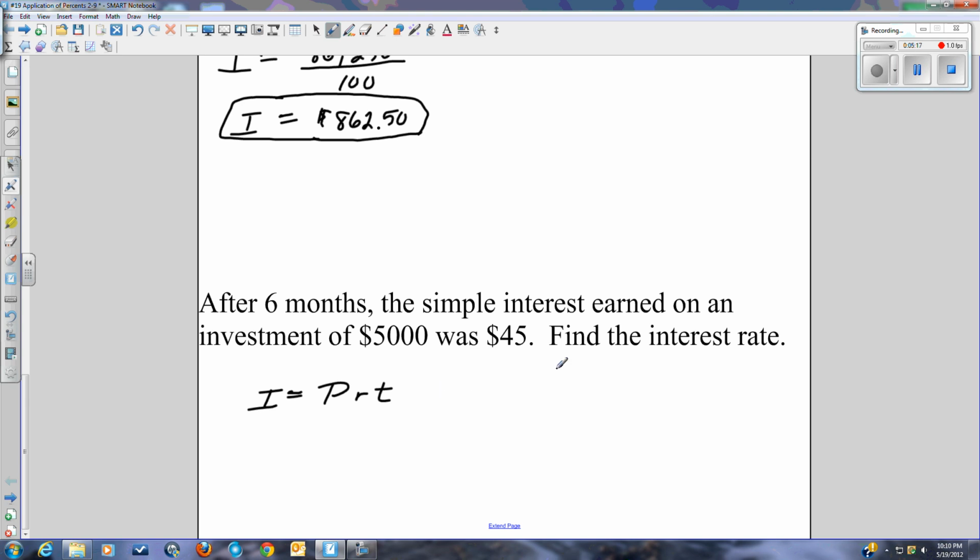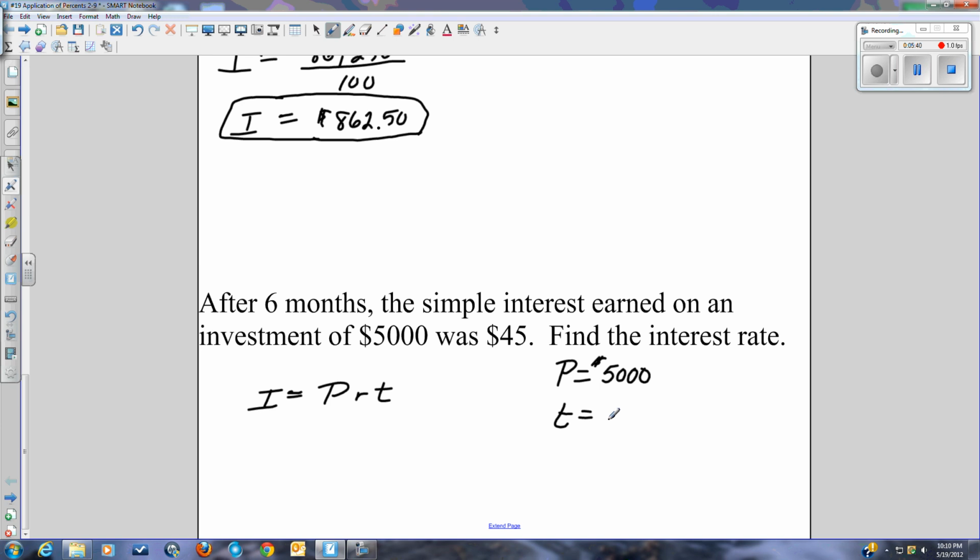So in this case, we're going to say that our principal, which is the amount that we invested, is $5,000. The time is 6 months. Now 6 months is how much of a year? That's half a year.